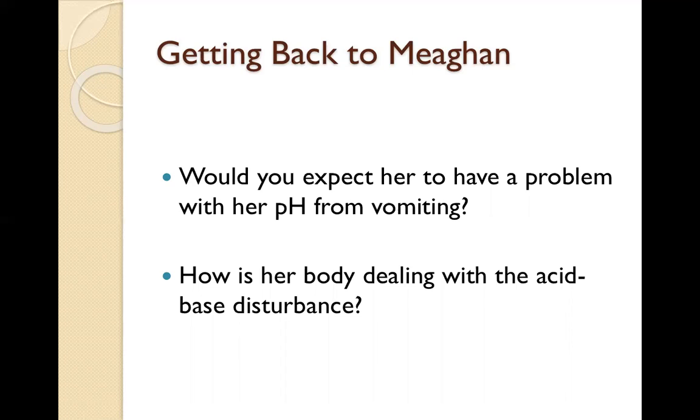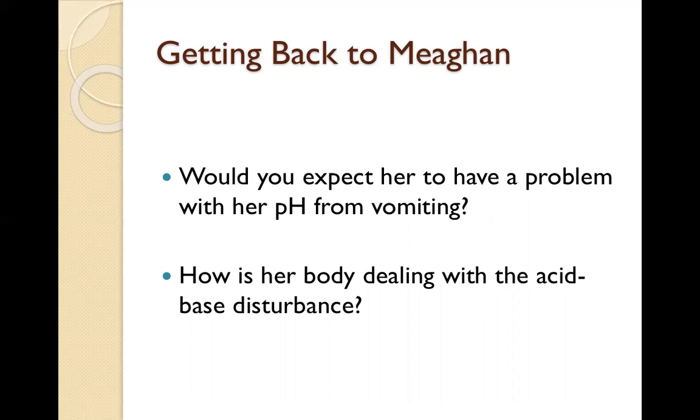The answer is yes. Imagine somebody is vomiting. One of the things that is created by the stomach is hydrochloric acid. So if somebody is vomiting out a bunch of hydrogen ions from their body, you're going to become alkalotic, or go into a state of alkalosis.